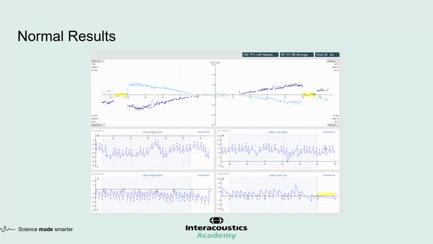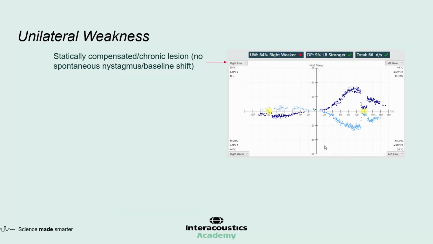They peak all about the same value of around 20 degrees per second, and then decline, and the patient can suppress. So here, if you pick the peak of the responses appropriately and look at the nystagmus during fixation, you should come to an easy conclusion that this is a normal response.